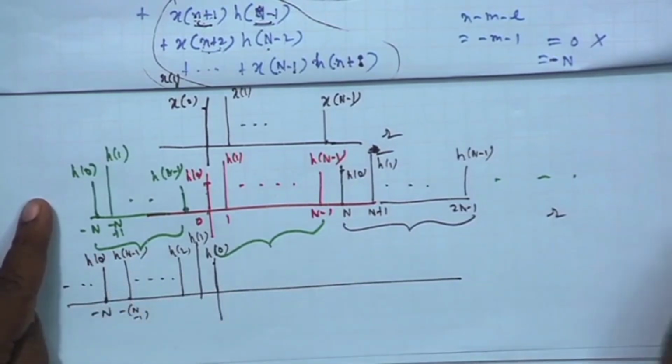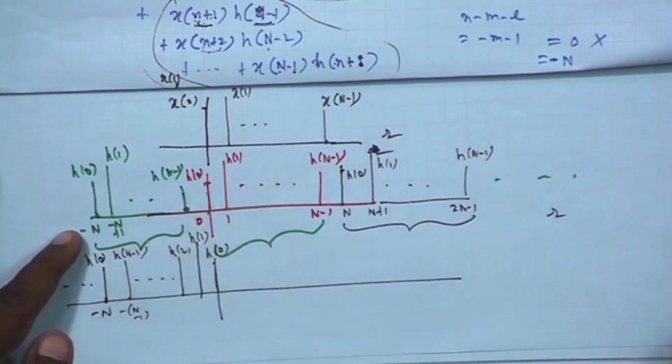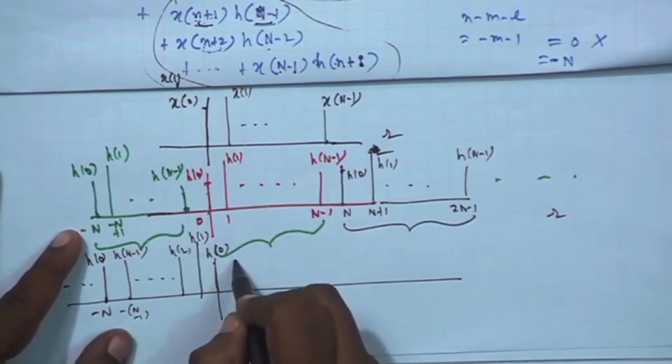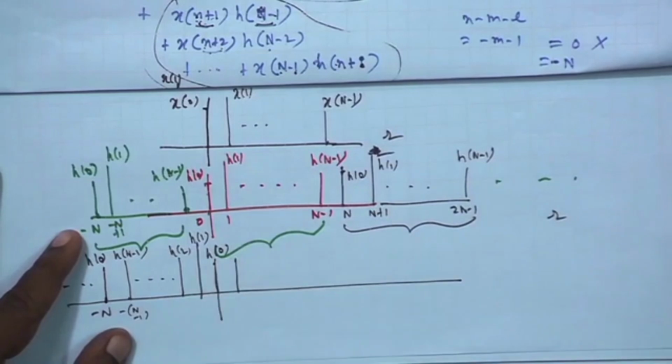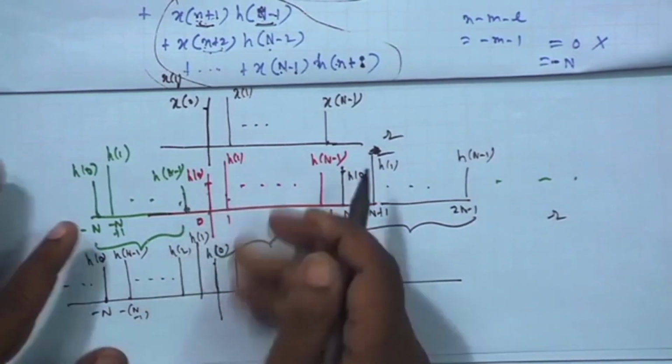Okay. And on this side, H capital N minus 1, from left it will go here. This goes here, like that.